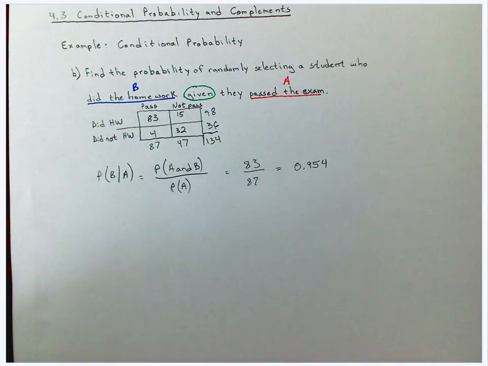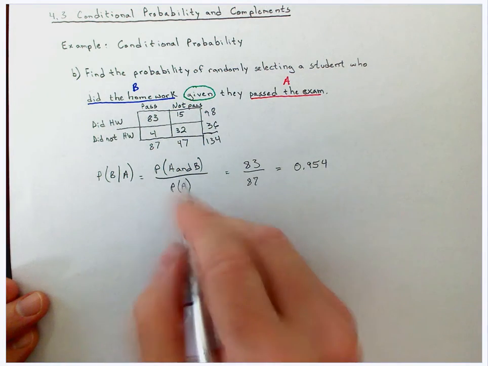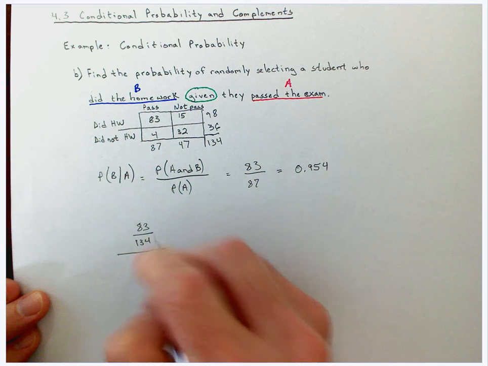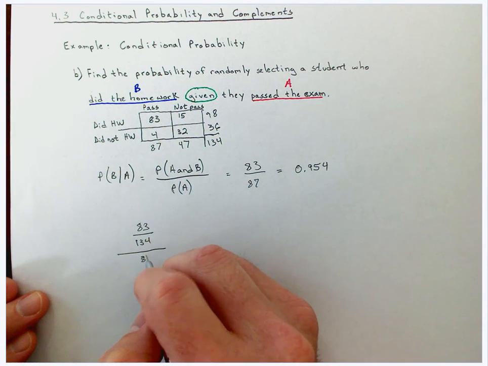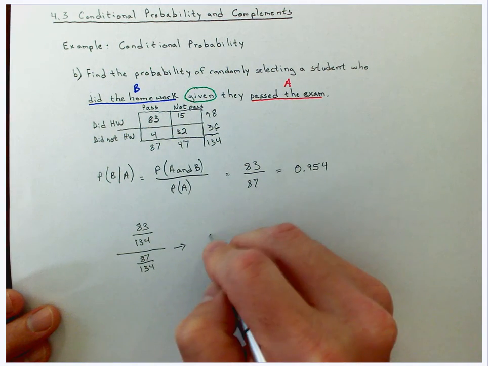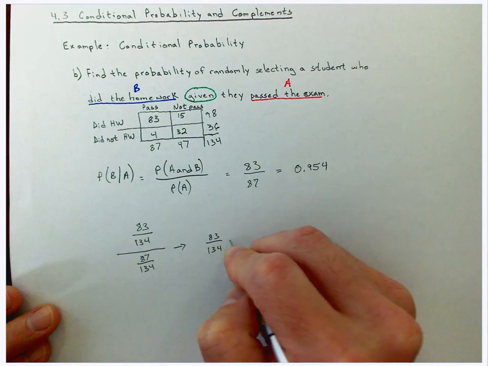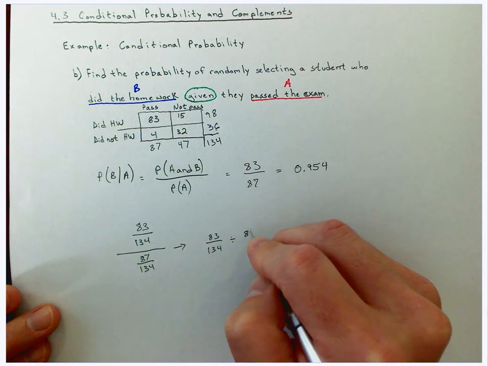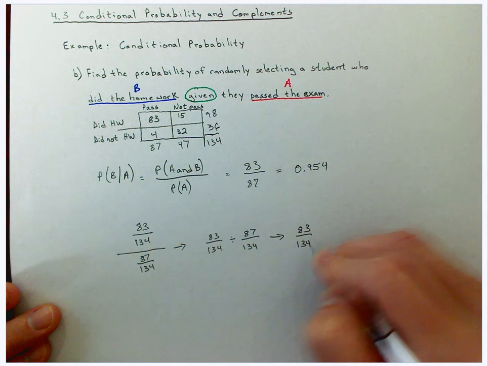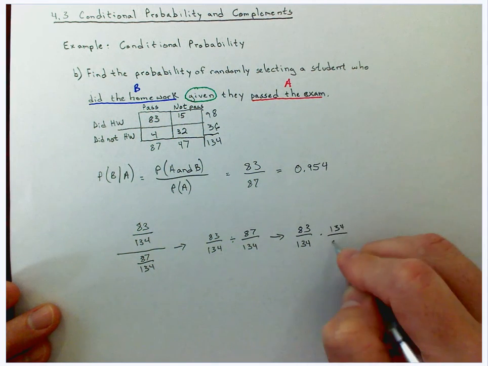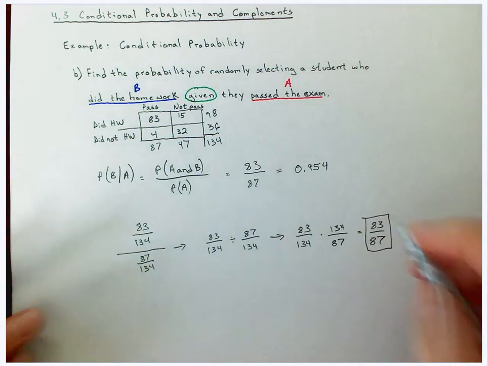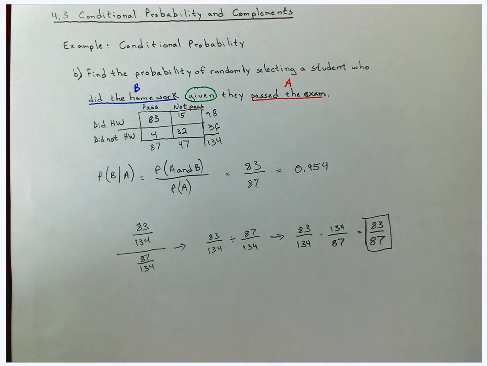If I take my totals and then I structure my problem like that, I end up with 83 over 134 divided by 87 over 134, which I can rewrite as 83 134ths divided by 87 134ths, which turns around and gives us the same answer. Again, whichever way is best for you to visualize the problem and be able to work it.